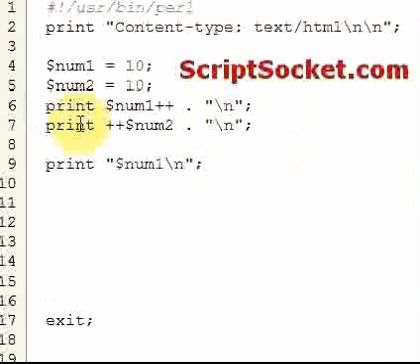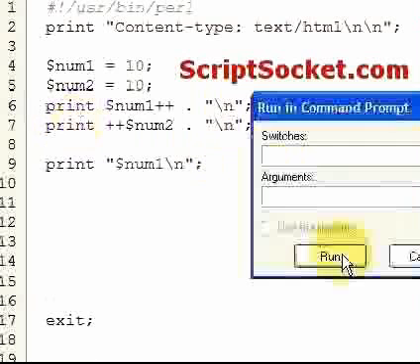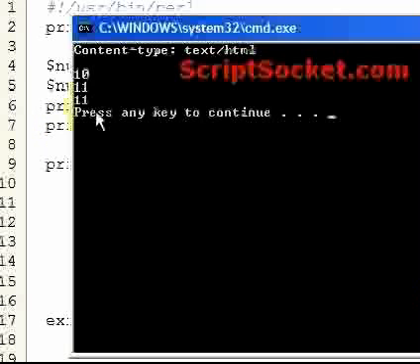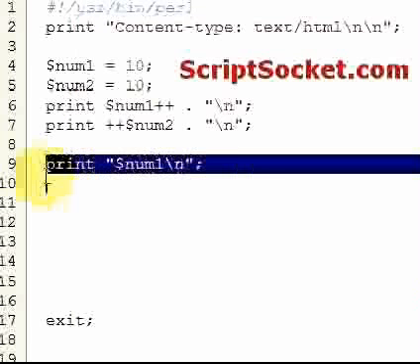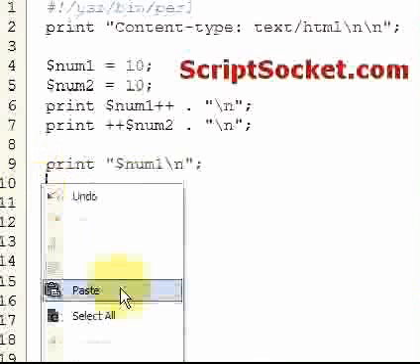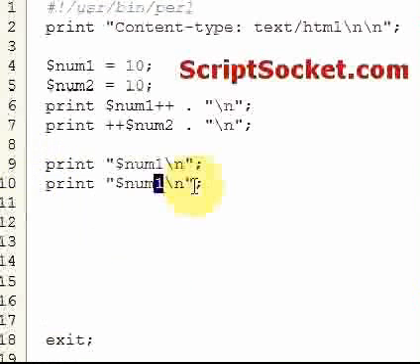So we will get 10, 11, and 11. And if we go on to print out num2 again, it will print out 11. So when we run this, we will get 10, 11, 11, 11.